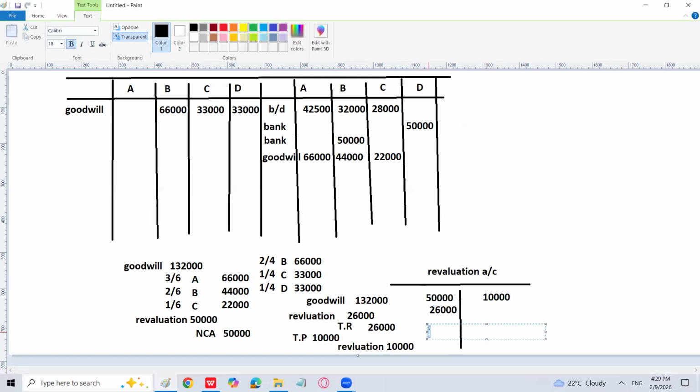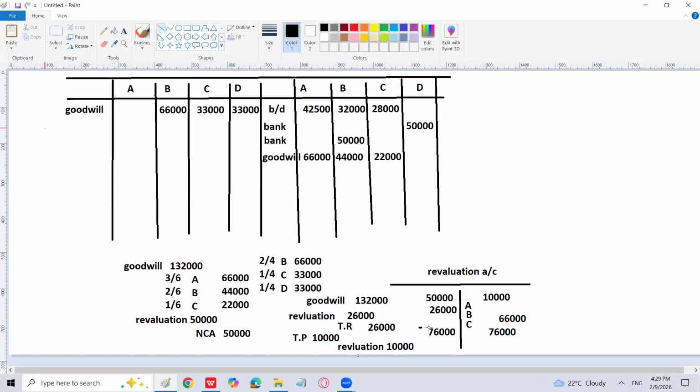So the total is going to be 76,000. Here also 76,000, and the difference is going to be 66,000, which is going to be the loss to be transferred to Ellen, Brain, and Clive according to their profit and loss sharing ratio, which is going to be 3, 2, and 1. So can you please tell me 66,000 into 3 by 6, 2 by 6, and 1 by 6, what is the amount?